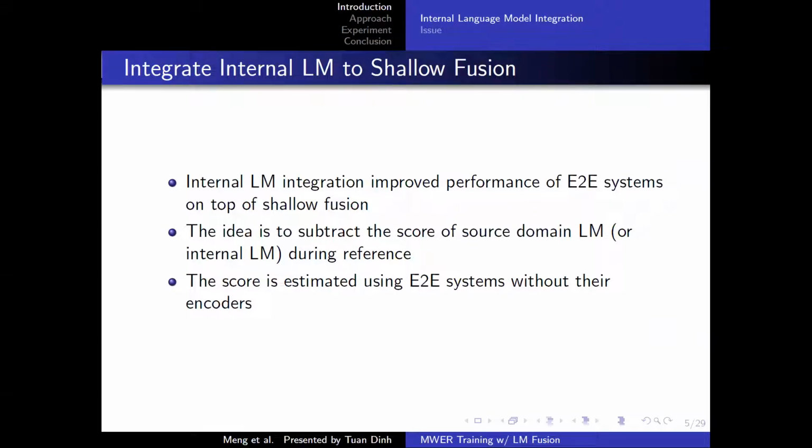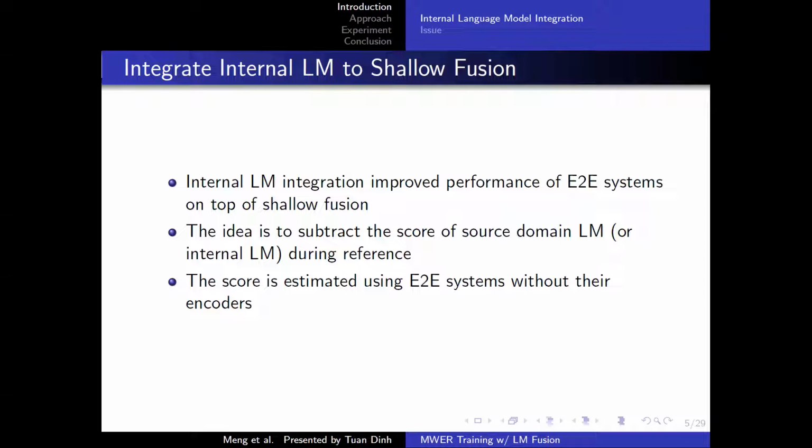Besides the external language model, internal language model integration was proposed to improve recognition performance on top of shallow fusion. The internal language model was implicitly learned by the end-to-end model on source domain data.